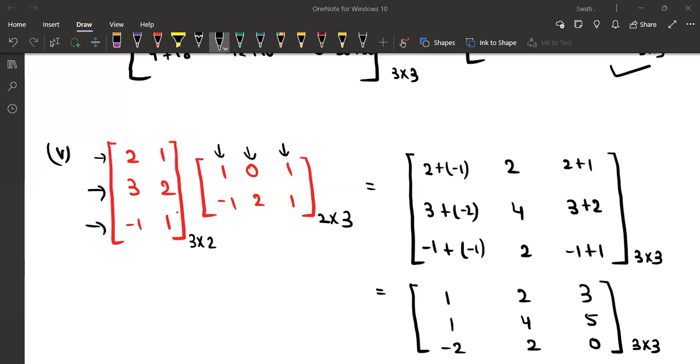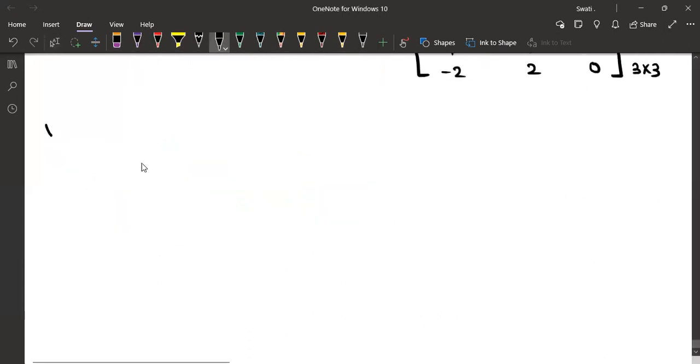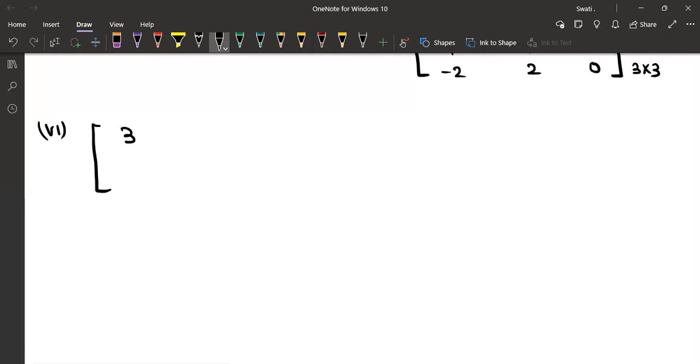Now let's move to the final question of this, the third question. And that is our sixth question. So we need to multiply this. So the sixth question we have 3, minus 1, 3. The second row is simply minus 1, 0, 2.